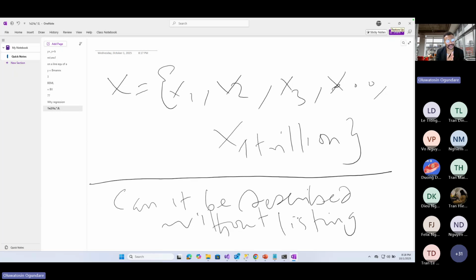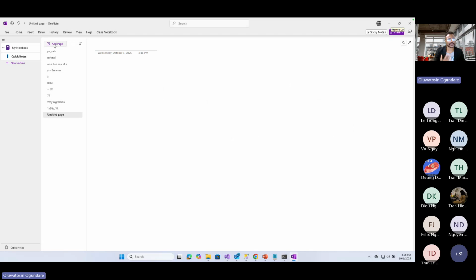The measure of central tendency is a way of describing the sequence without listing it. So instead of telling you what the sequence is, I would simply tell you some statistics that describe it. For example, I can tell you the mean, the average. Once I tell you the average, you have an idea of what the sequence is.